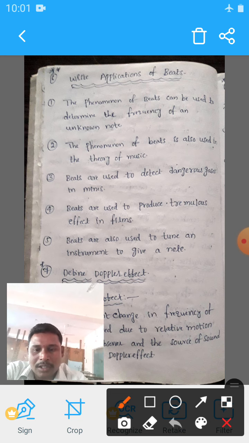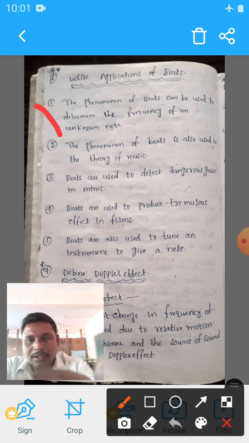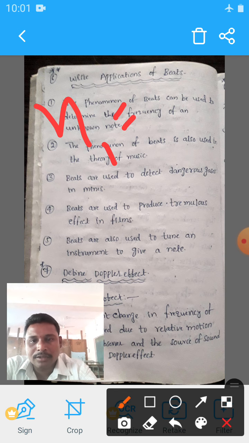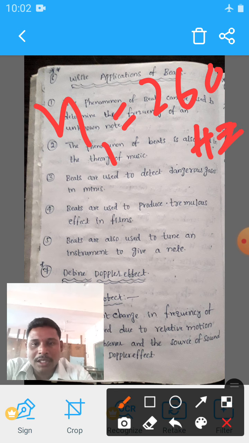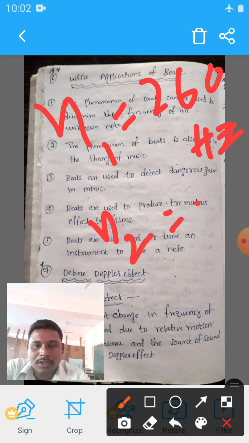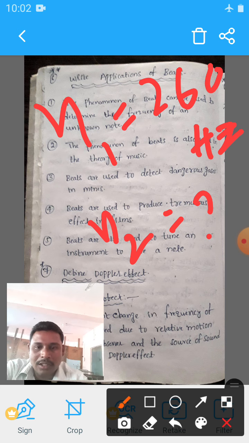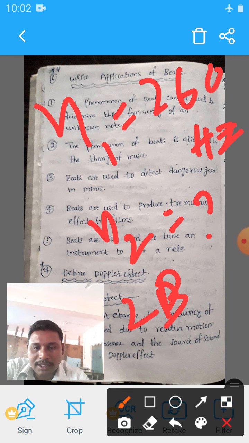Consider two frequencies. Suppose n1 is equal to 260 hertz, and n2 we don't know; we want to find this unknown note, otherwise the unknown frequency. The difference between the two notes gives 2 beats per second.